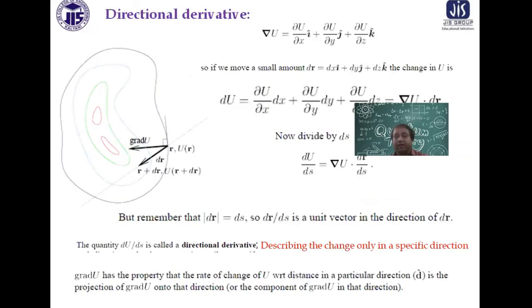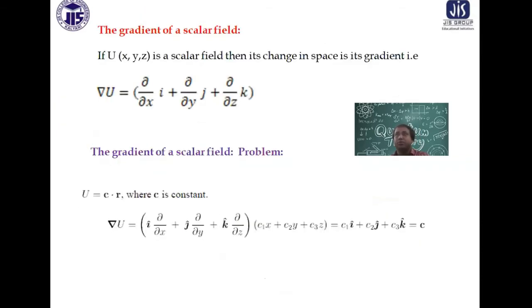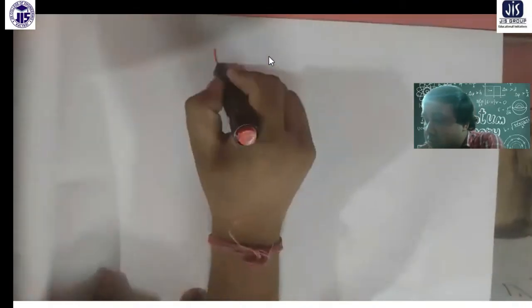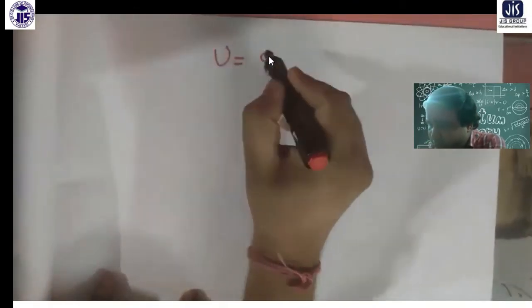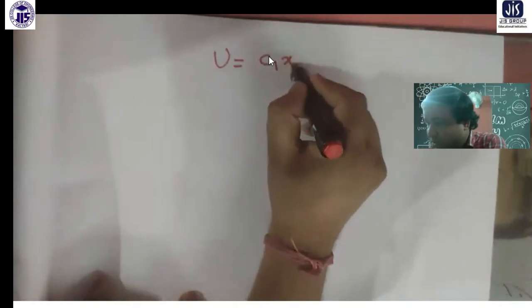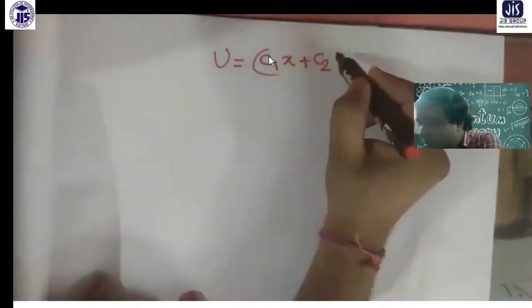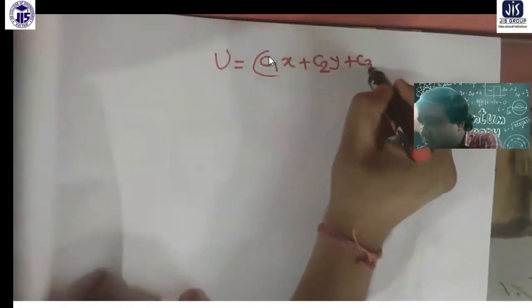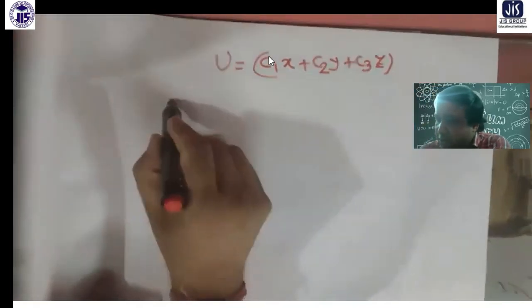Now here comes a very important concept called directional derivative. Let me show you by hand so that you understand how it is calculated. Just give me 2 minutes. Take the scalar quantity u, which is c1x plus c2y plus c3z. Now I wish to take the gradient of u.